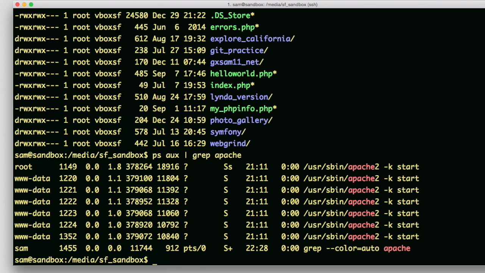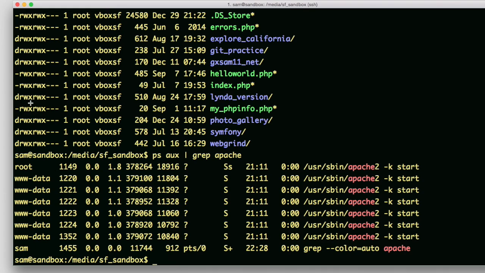Okay, now I'm going to show you what file permissions look like. This is a file called myphpinfo.php, and it's in the folder SF sandbox in the media folder. This file has owner permissions and group permissions.